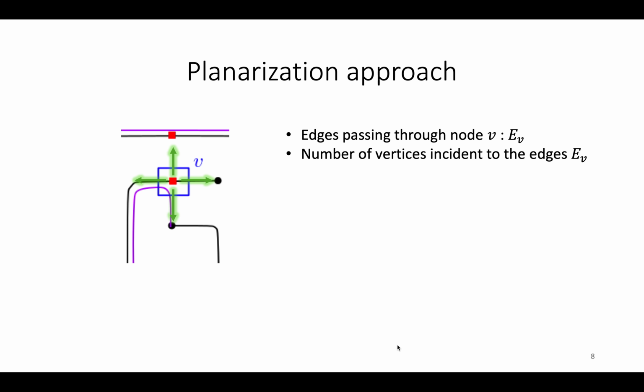The thing to note is that any edge passing through this node V has 4 directions to go to. Suppose the edge goes towards the bottom. Then it has 3 directions to go to, and any edge has a combinatorial length of at most k plus 1. So the number of edges which are incident can be bounded using this number.